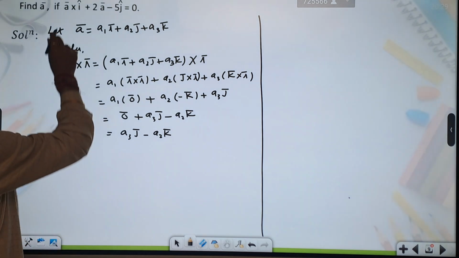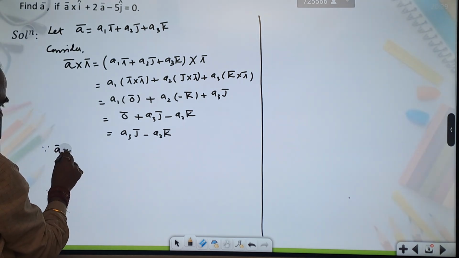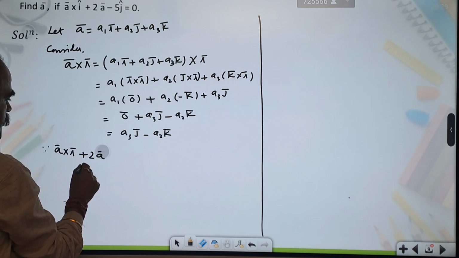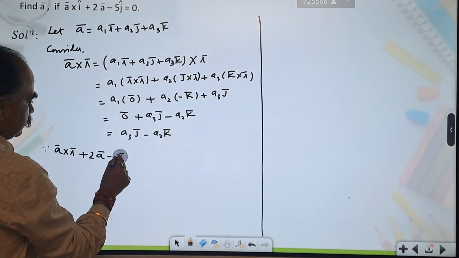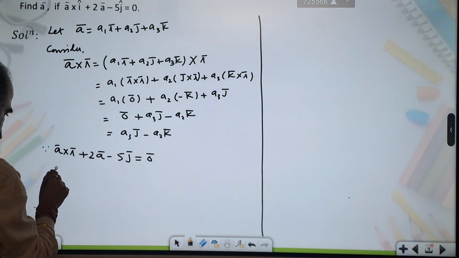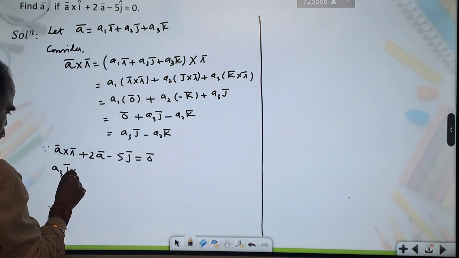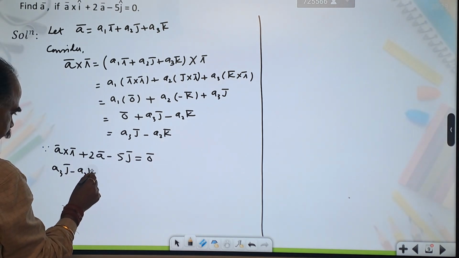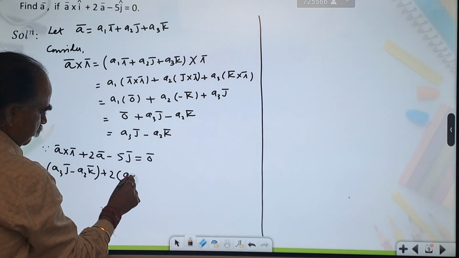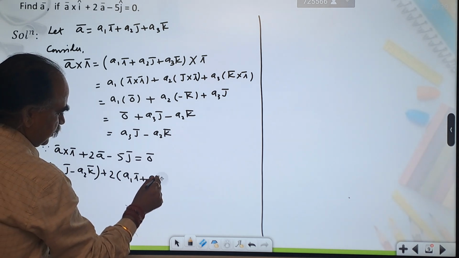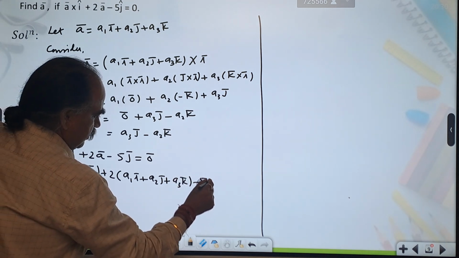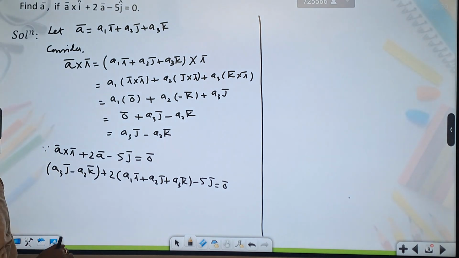Since a bar cross i bar plus 2a bar minus 5j bar is 0 bar, a cross i is a3 j minus a2 k, plus 2a bar is 2a1 i plus 2a2 j plus 2a3 k, minus 5j bar. Now we'll collect the components.